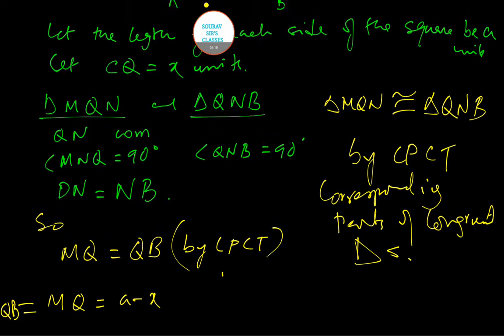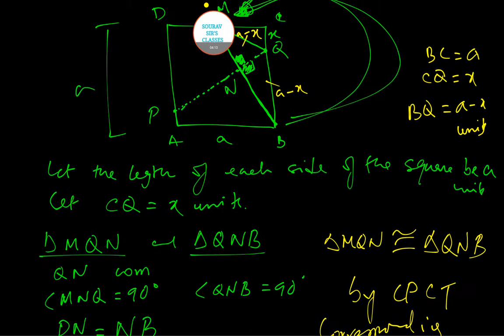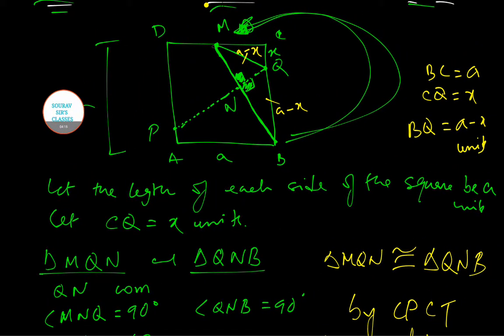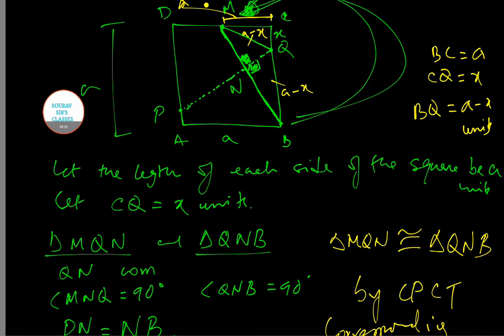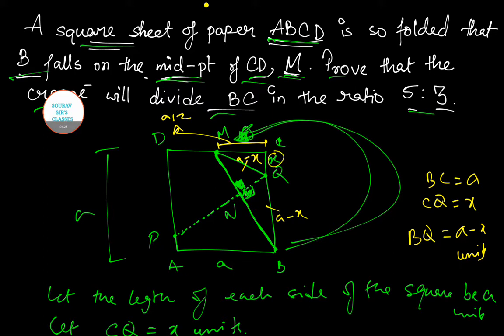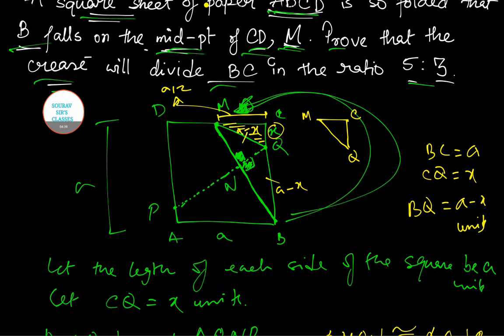Now referring to the diagram, we have MC as A by 2, since M is the midpoint, and CQ is X. So considering this triangle MCQ, this is C, this is Q, and this is M. This is the triangle we are talking about. So this triangle has a 90 degrees angle here because it is a part of a square. This side is X, this side is A minus X, and this is A by 2.